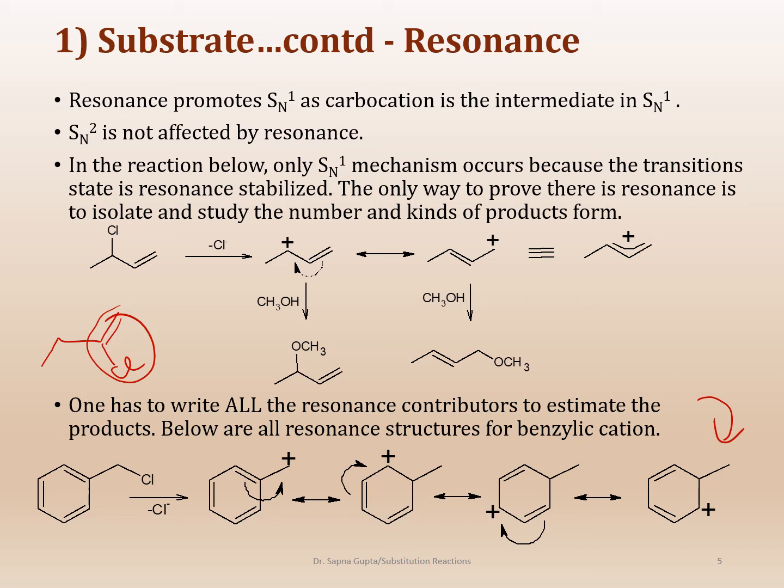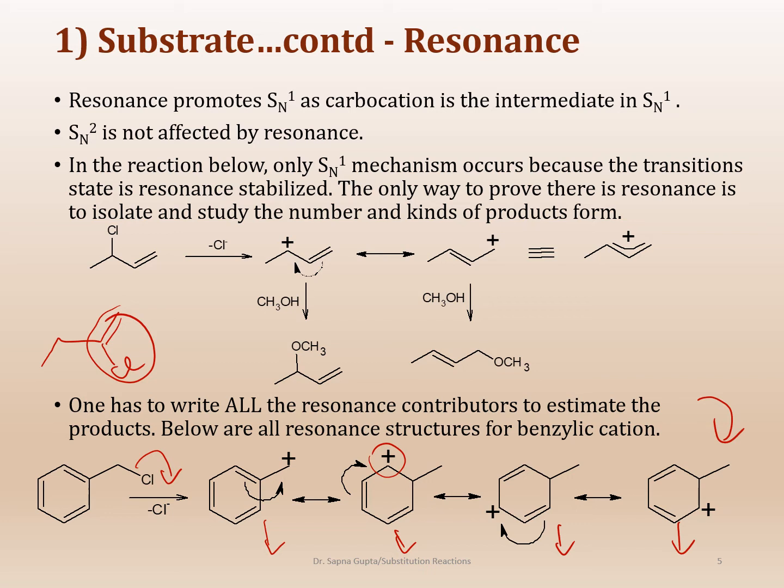So here, once the chlorine is gone, then you end up getting this carbocation, which once the double bond moves, you end up getting this carbocation, so on and so forth, which if you think about it, and you start reacting each of these intermediates with nucleophiles, you're going to get 4 products. So that is not a very good reaction. And so if you know that you're going to have an intermediate which can undergo resonance, well, you have to start rethinking your reaction.